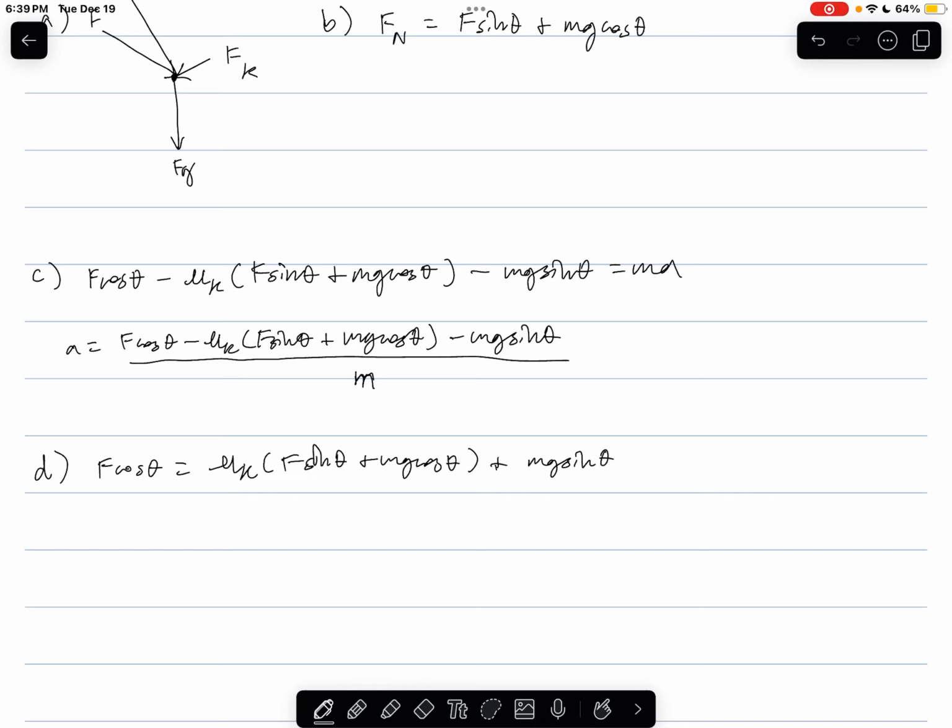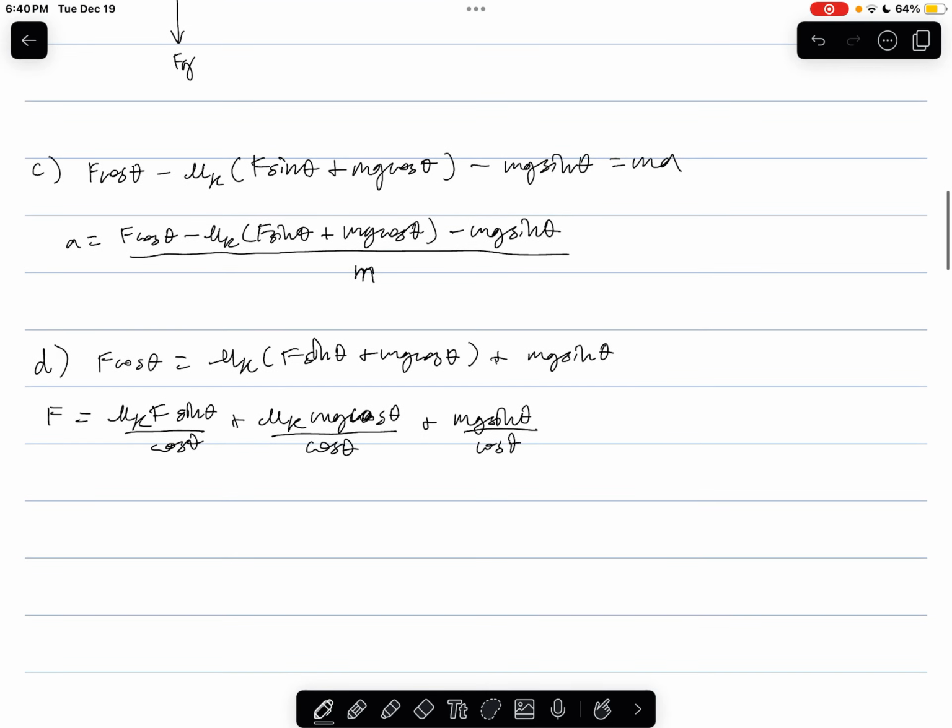So then I just divide both sides by cosine of theta, and I also distribute mu k to both F sine of theta and Mg cosine of theta. So this is going to be mu k F sine of theta over cosine of theta plus mu k Mg cosine of theta over cosine of theta plus Mg sine of theta over cosine of theta.